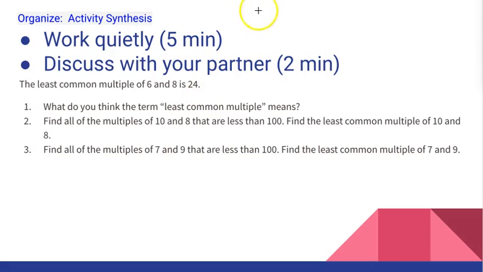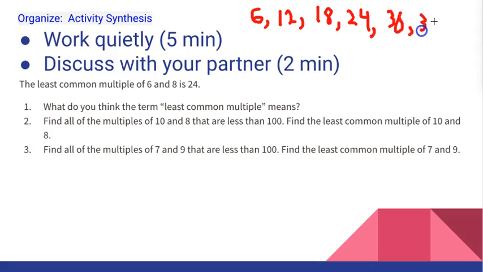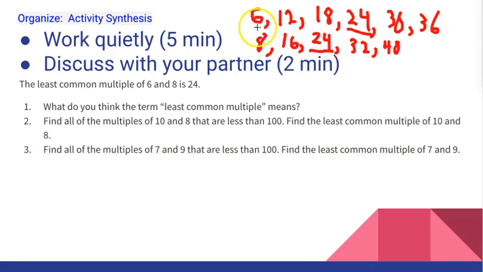Well, that means that if I look at the multiples of 6, and I just keep rolling on with those, and I could keep going. Same thing with 8. The reason why we say that 24 is the least common multiple is that it is the smallest number that both 8 and 6 can make when you multiply them with something else. So that is the least common multiple for both of them.